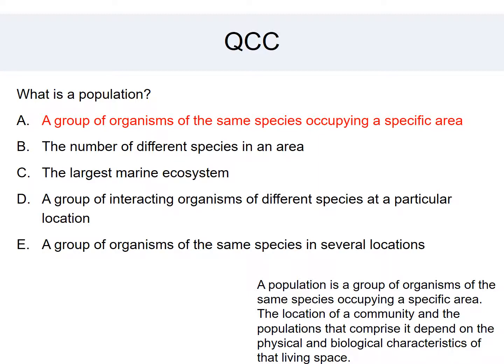A group of organisms of the same species occupying a specific area. A population is a group of organisms of the same species occupying a specific area. The location of a community and the populations that comprise it depend on the physical and biological characteristics of that living space.